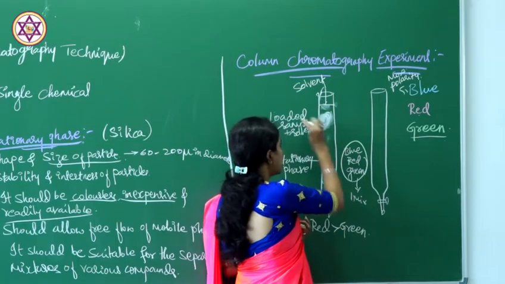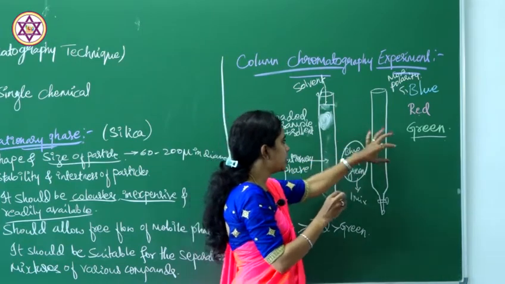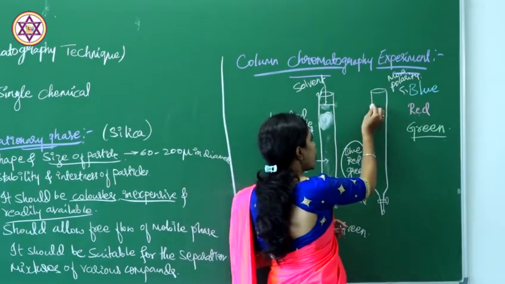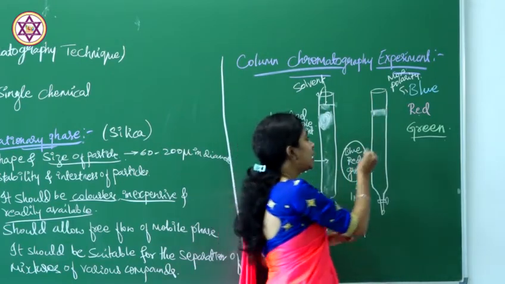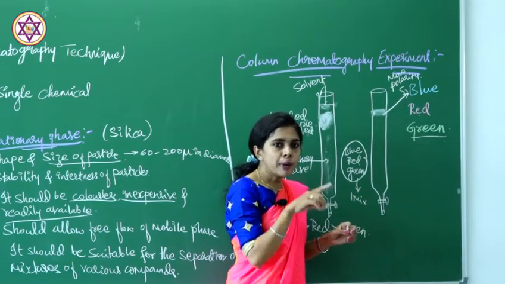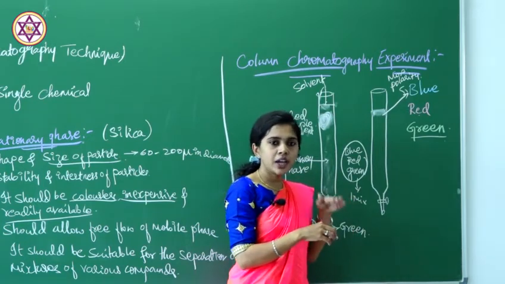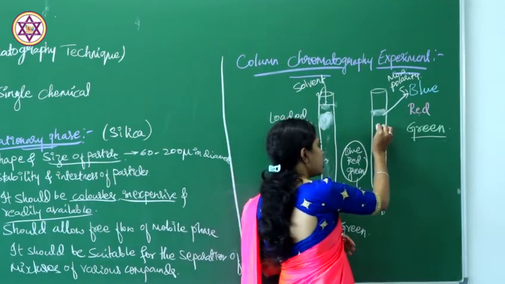I added it here with the solvent. Then if I add it here, what will happen? First you are going to get the blue color band, leaving behind red and green. Red and green compounds will go further down.